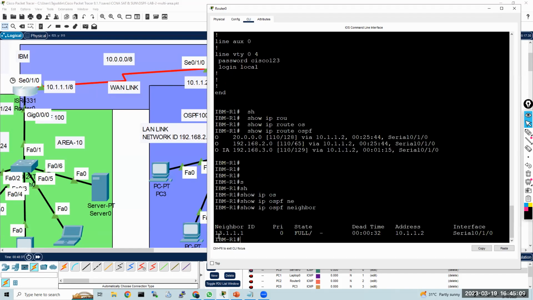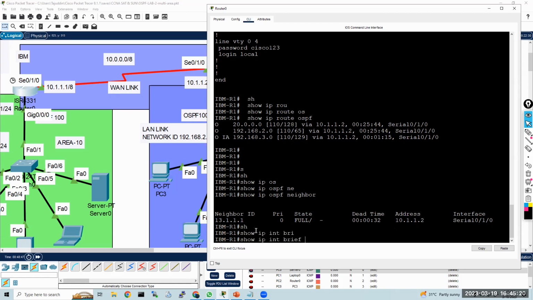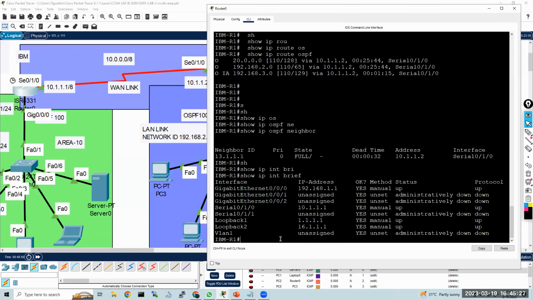The number for this guy is 13 network because loopback he has considered. In router 2 we have created some loopbacks, and in this router there is no loopback.